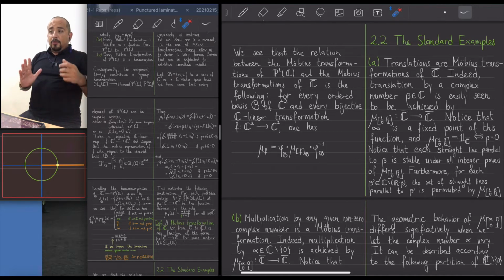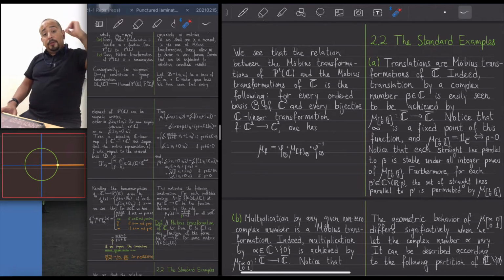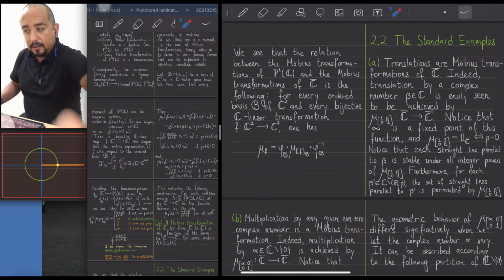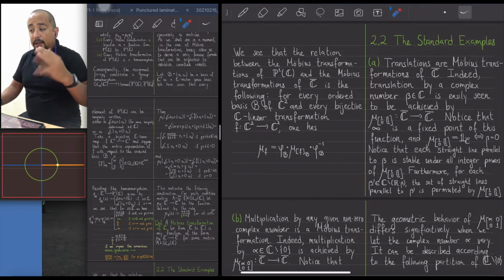So take all the curves of the form complex number plus cosine. This family, when we allow the complex number that we add to the cosine to vary, is also permuted by the vertical translation by the complex number i. So it is possible that there may be many different families, each of which is permuted, in which the Möbius transformation acts by permutation.